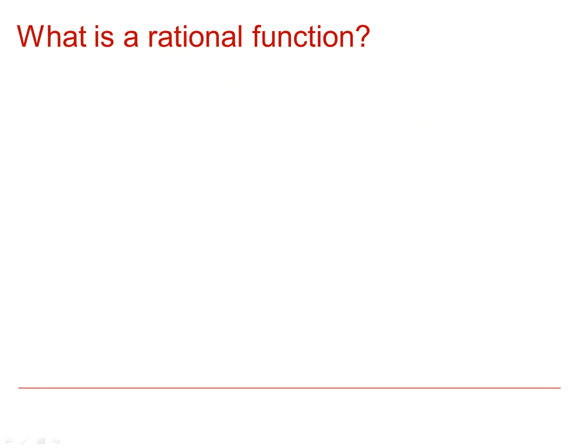So a rational function is one where we have f of x equal to p of x over q of x, where p and q are polynomials.